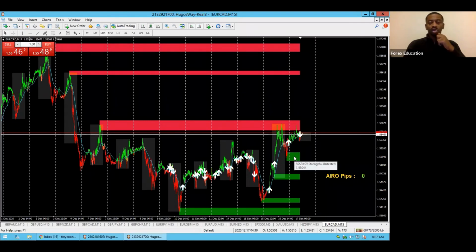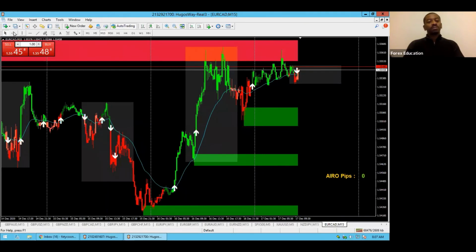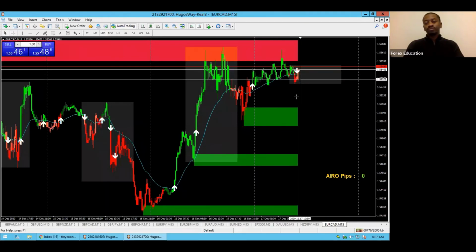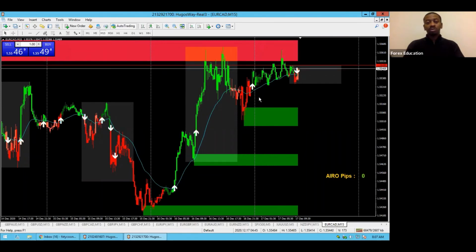So we're currently in an uptrend as of right now. So I wouldn't be looking to take a trade. I wouldn't be looking to take anything at the moment. We're in an uptrend, so I wouldn't be looking to take it.